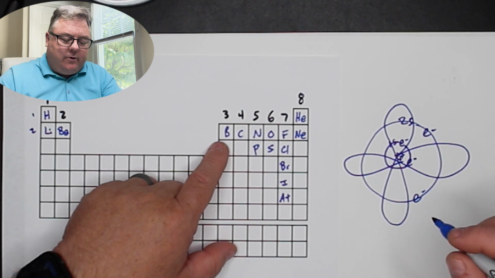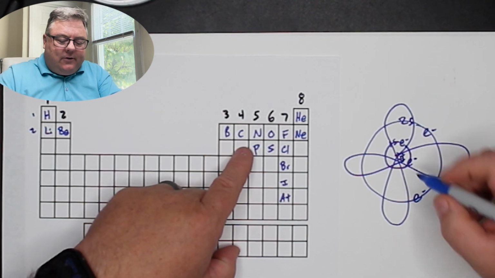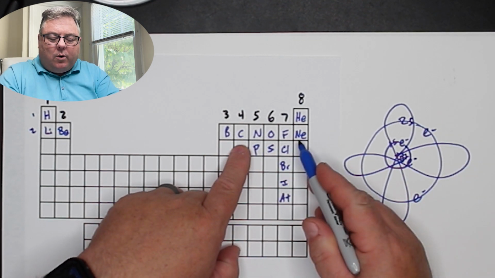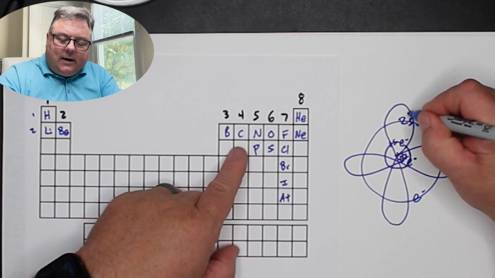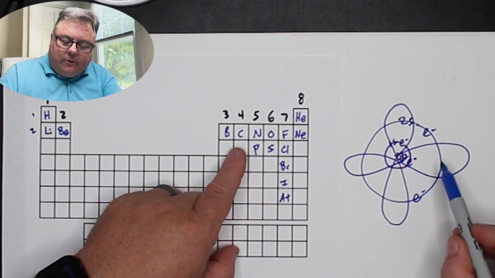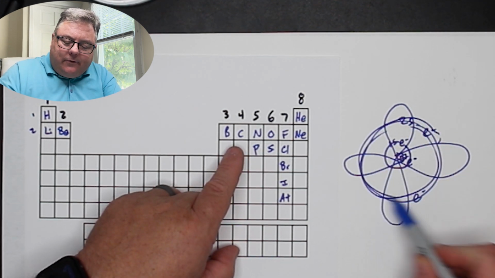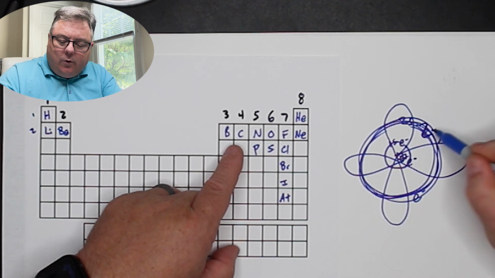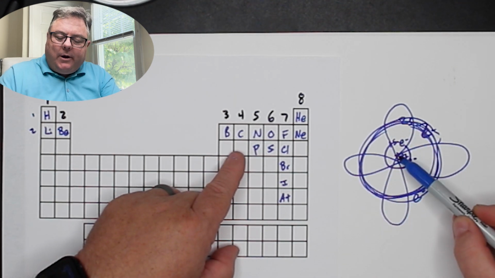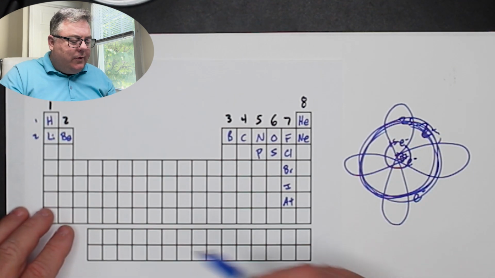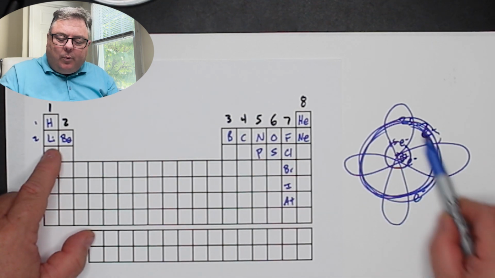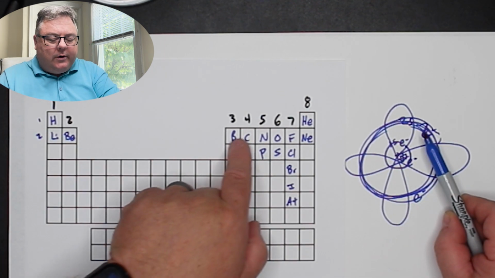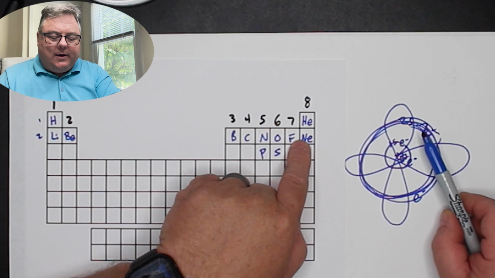That one's kind of hard to draw for me. But as we add protons and we start to work our way across the periodic table, electrons go into these 2p orbitals. And we call these all 2 because they're about the same distance to the second shell away from my nucleus. So you would think that all of these electrons, since we're putting them about the same distance from the nucleus, should all be about the same size.